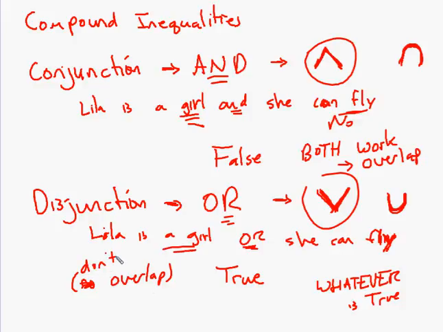Let's use some graphs to figure out how these simplify down. So here's my number line. Okay, and I'm going to do a bunch of these. So we'll do a bunch of number lines.